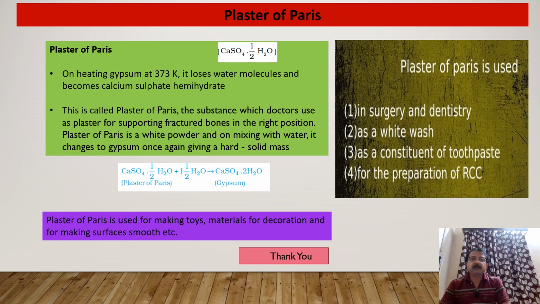So here we'll see CaSO4.1/2H2O plus 1.5 H2O gives CaSO4.2H2O, that is gypsum. Plaster of Paris is used for making toys, materials for decoration, and for making surfaces smooth, etc.